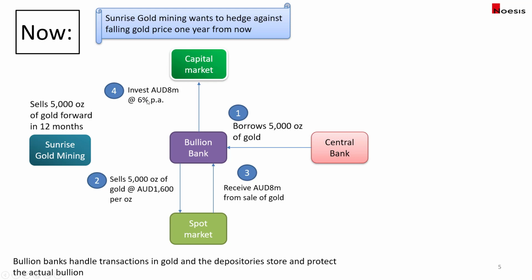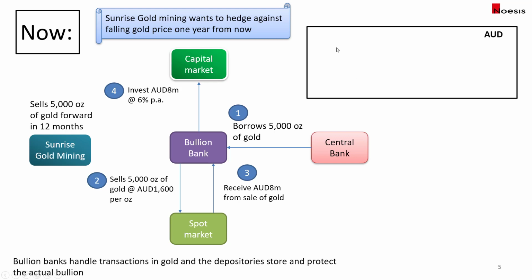Based on this information today, the bullion bank will be able to compute the amount payable to Sunrise 1 year from now. Let's see how much that is. At the spot price, the amount raised would be 8 million Aussie dollars. From the 6% interest, that would be 480,000, which is 6% of $8 million.